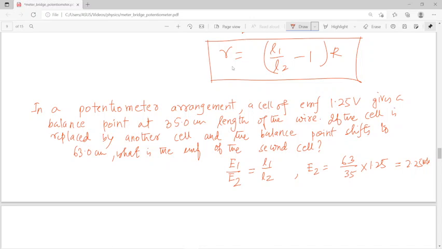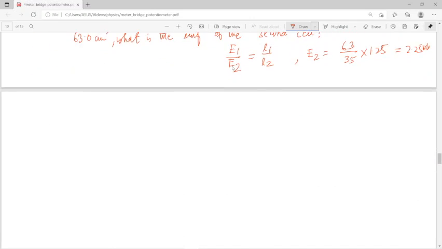So the questions that will come, this is the corresponding figure that is given.